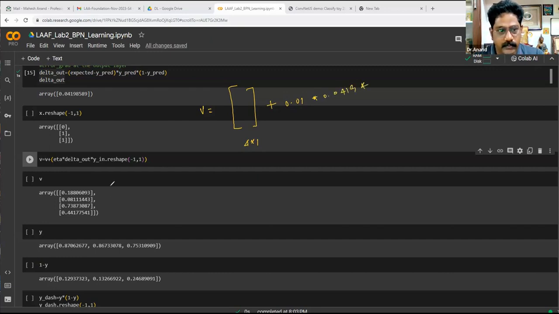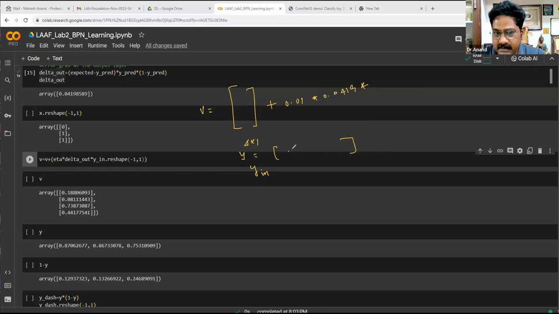0.0419 into, currently your hidden layer output is available in which variable? I kept it in y in. Earlier we kept it in y, without concatenating the input to the bias.